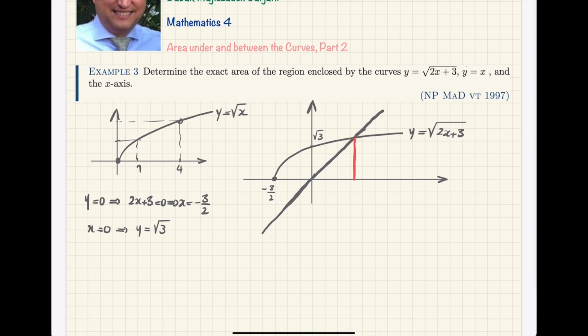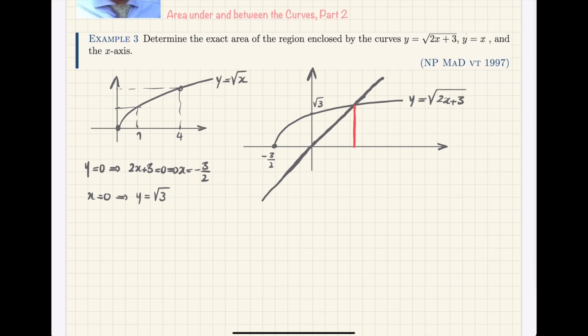So be careful about all the details of this problem. What I have to do, I need to set up a system again. Y equals square root of 2x plus 3 and y equals x to find those intersection points. So then 2x plus 3 is equal to x. Then I raise both sides to power 2. It becomes x squared.